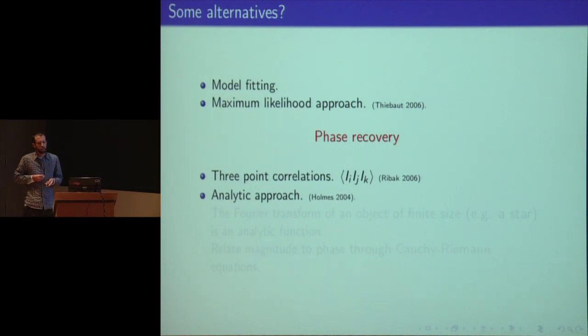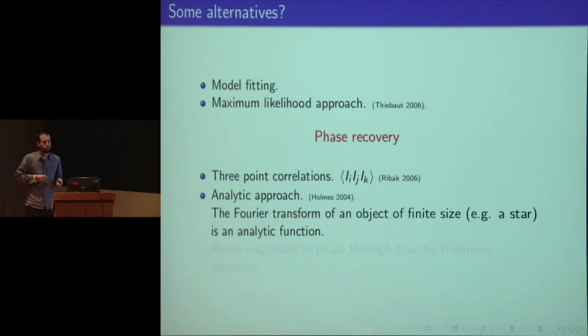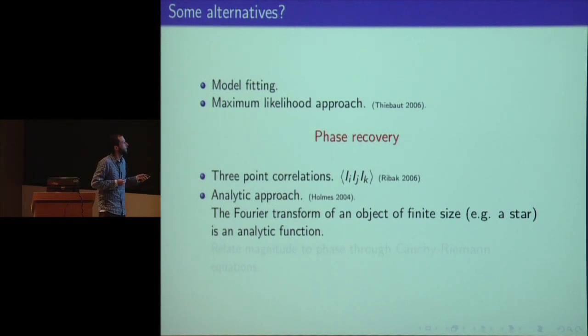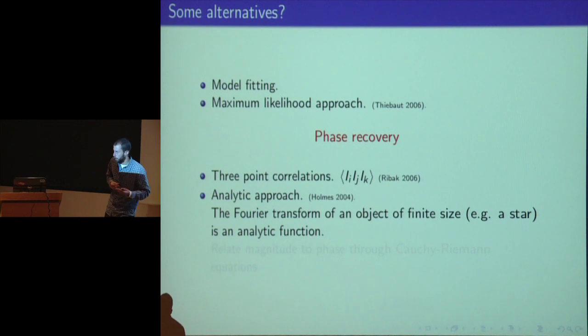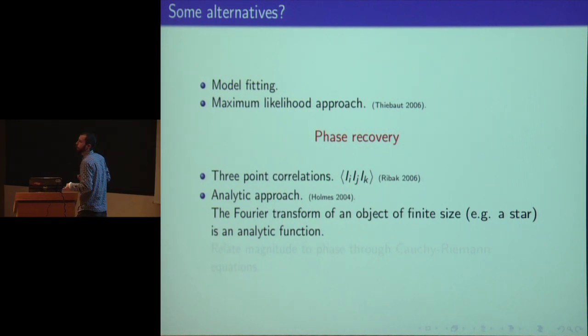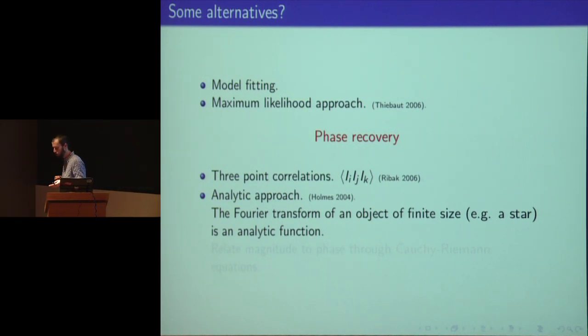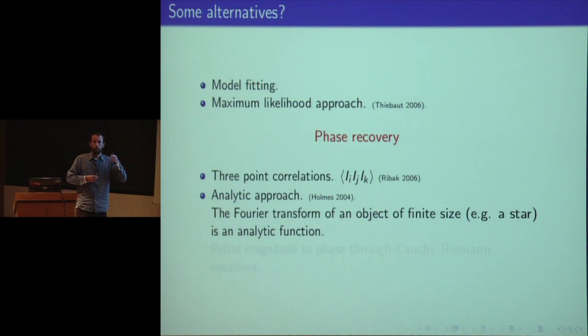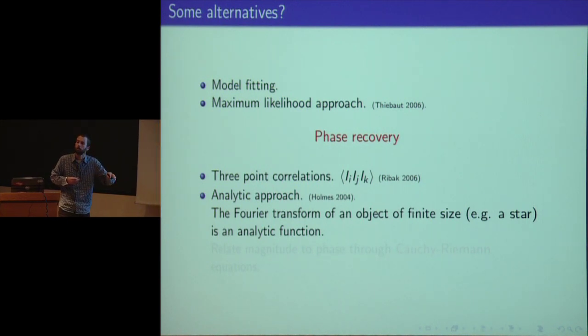The idea behind an analytic approach is that the Fourier transform of an object of finite size is an analytic function. If this function is analytic, this poses severe constraints between the magnitude and its corresponding phase.